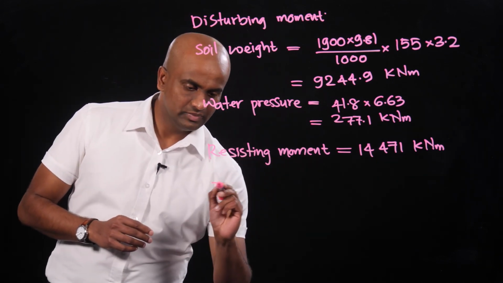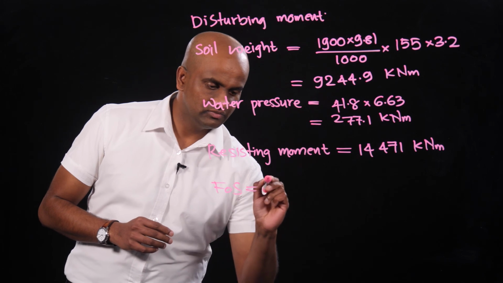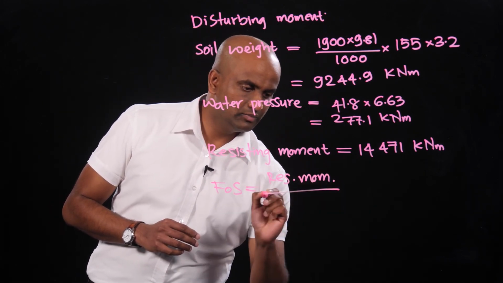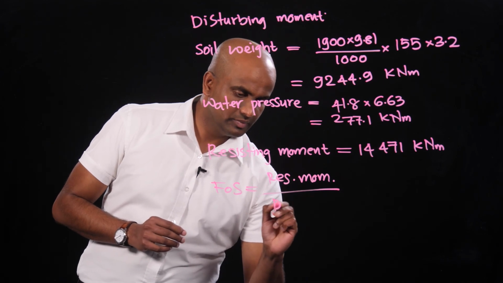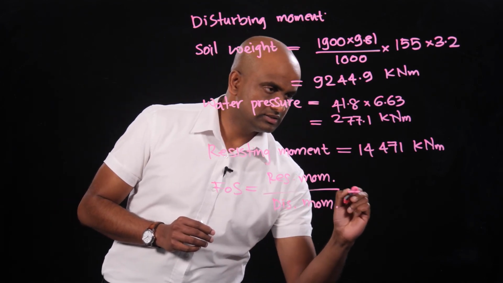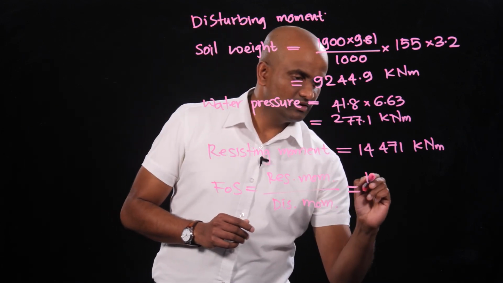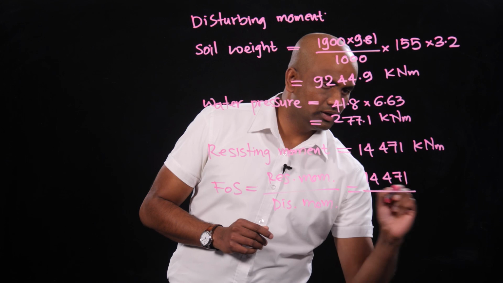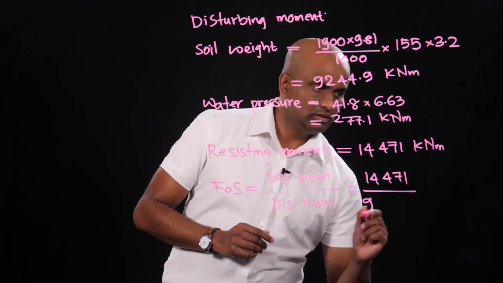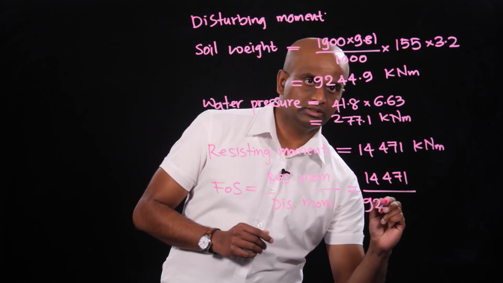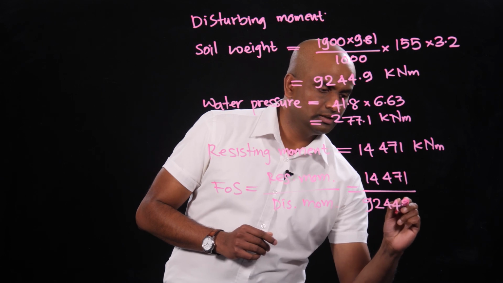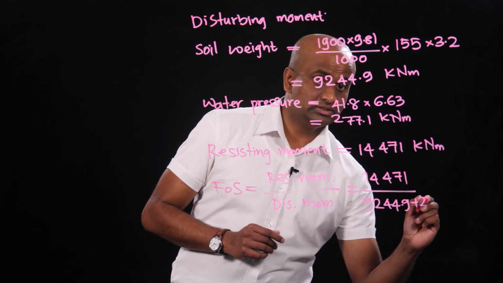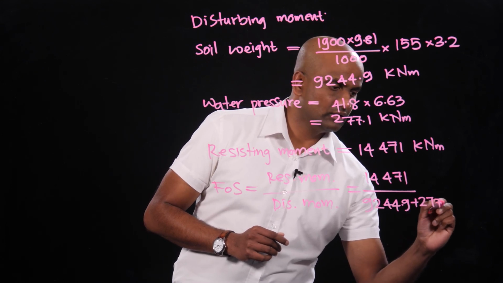So now we can simply calculate our factor of safety, which will be the resisting moment divided by the disturbing moment. The resisting moment is 14,471 divided by 9,244.9 plus 277.1.